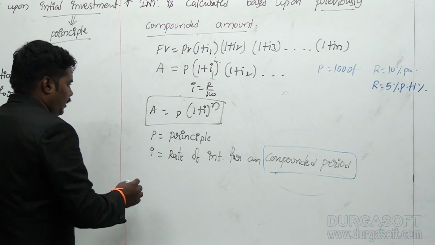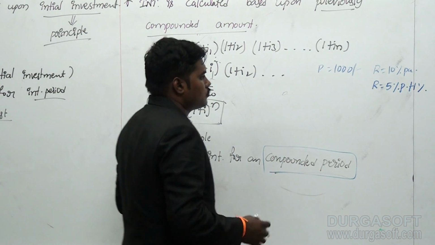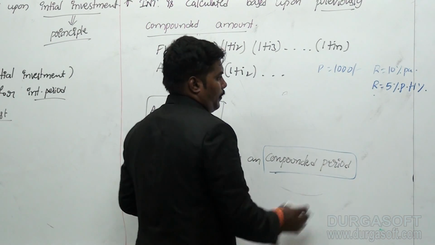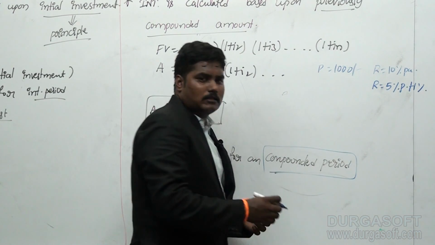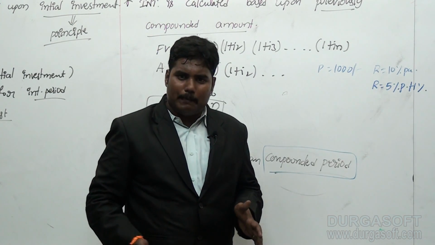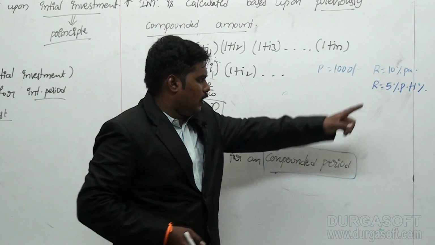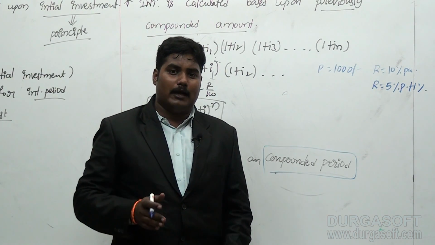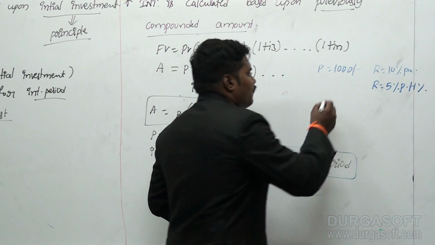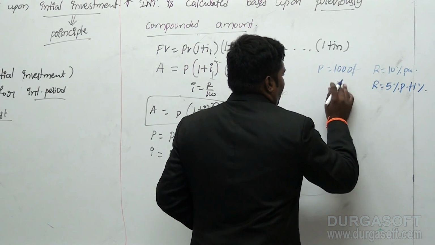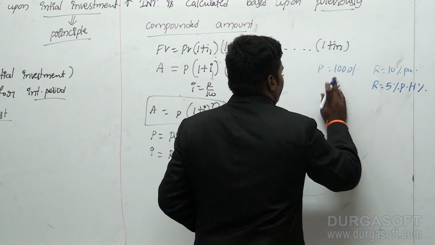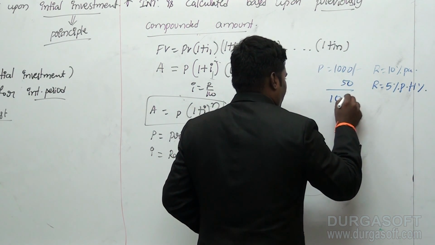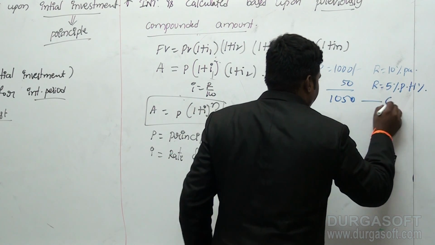Then in this case, R is equal to what? For up to the compounded period. After 6 months, the principal amount should be mixed with this interest. Later we can calculate the interest based upon that compounded amount. That means for 6 months, it is 1050.